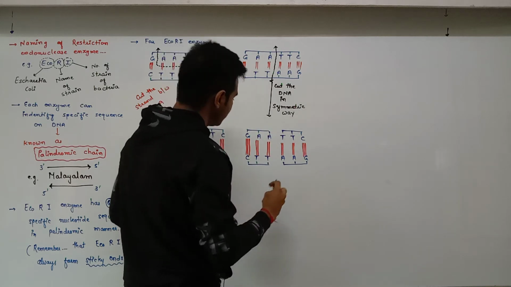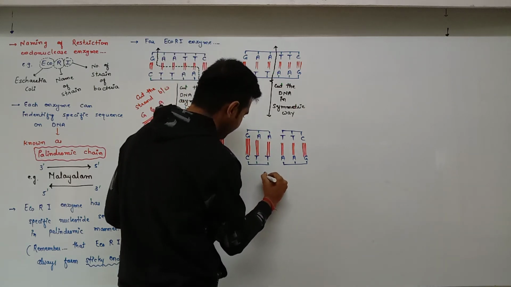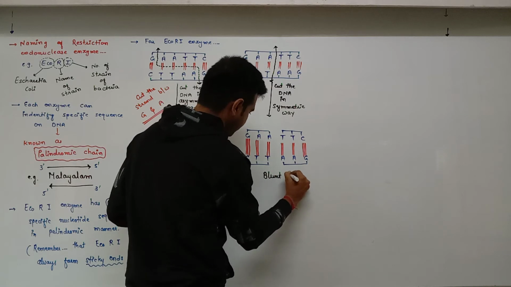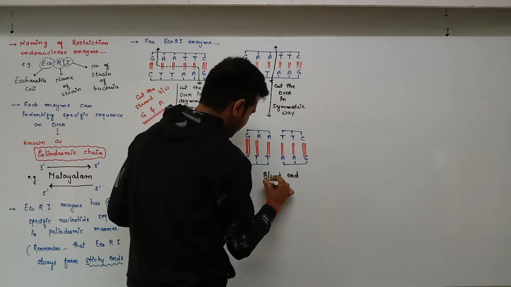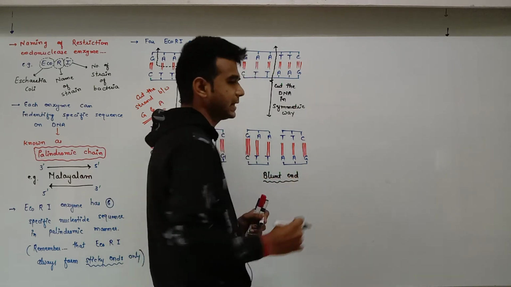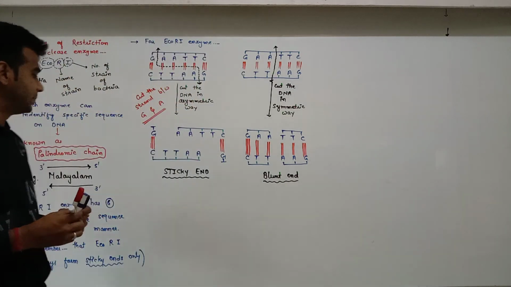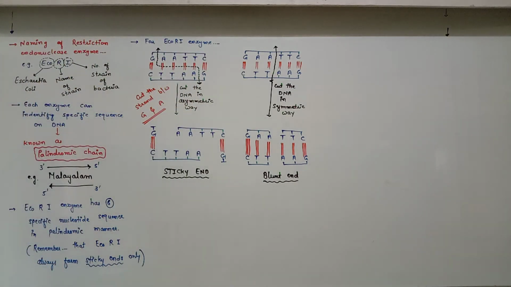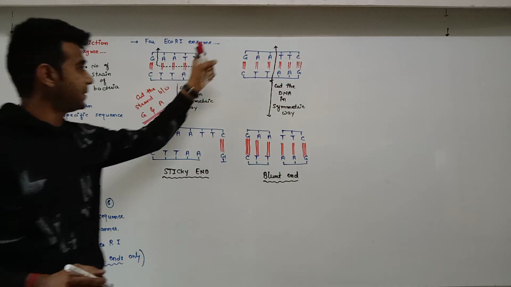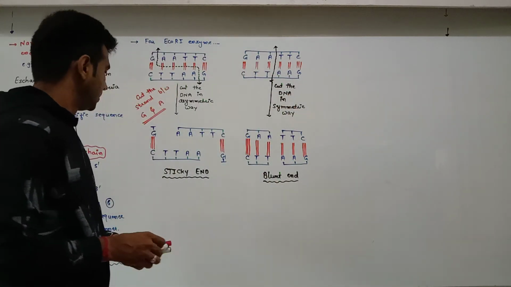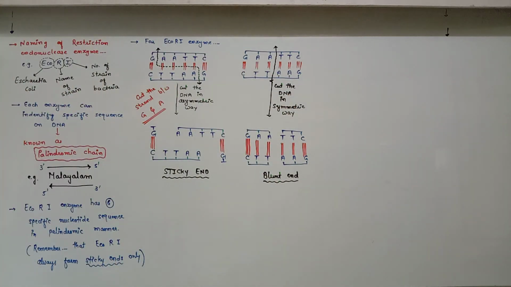These ends are also known as blunt end. So now you know that blunt ends are never formed by this. EcoR1 can always form the sticky end. So here the two strands are there, so this will not happen at all. Fine. So in this way sticky ends are formed.